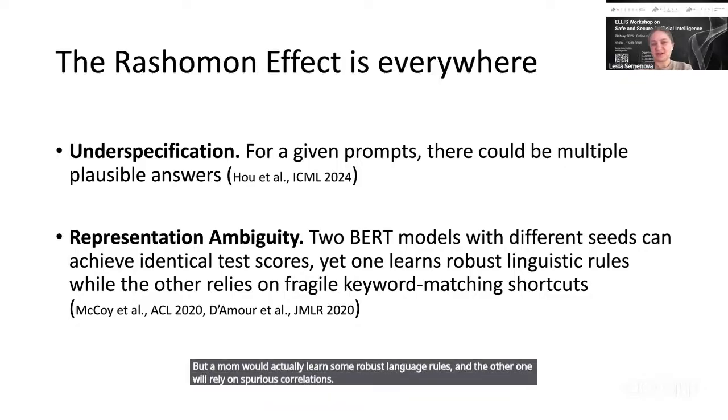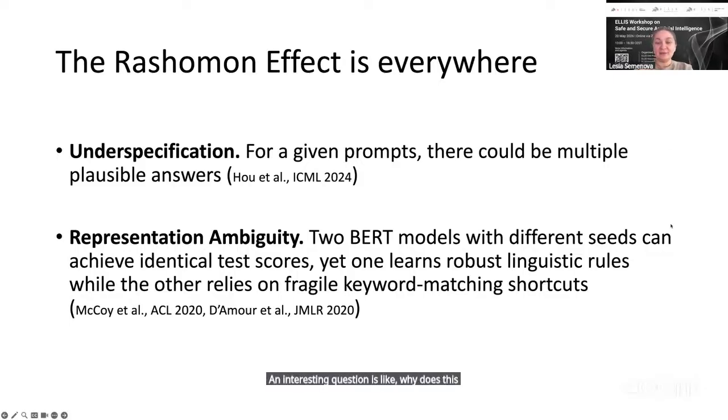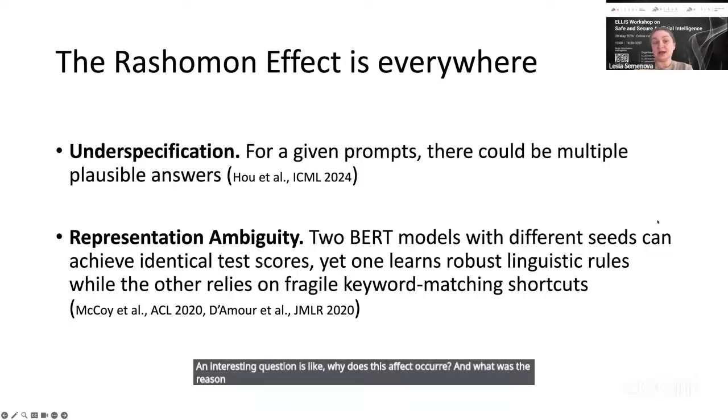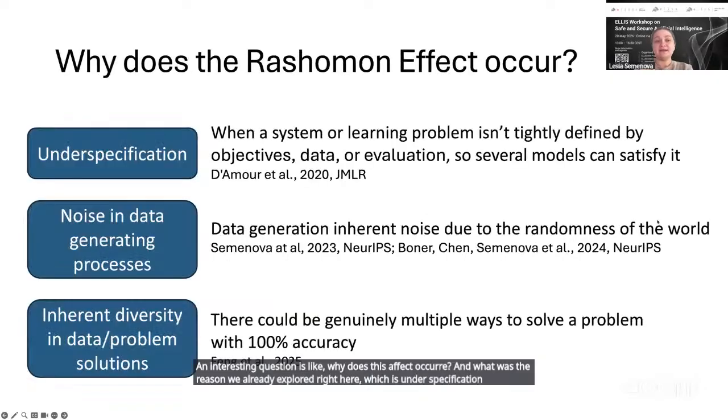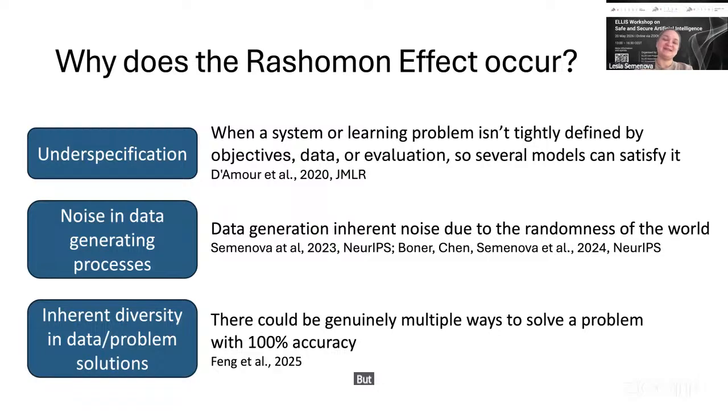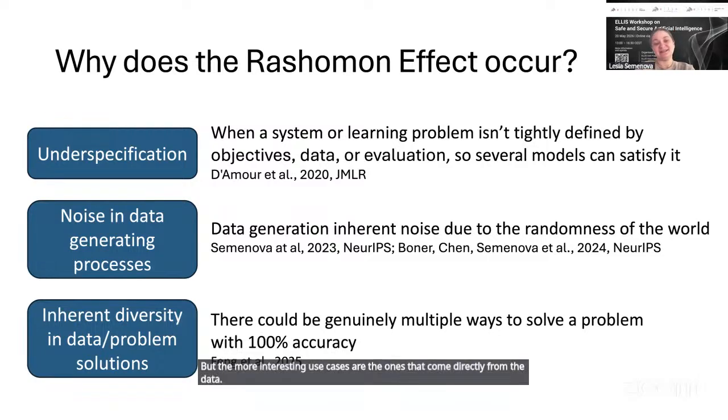Then the interesting question is, why does this effect occur? And one reason we already explored right here, which is underspecification. Maybe I didn't specify my problem enough. I chose the wrong hypothesis space, I didn't train enough, maybe I didn't design good constraints, so naturally there could be that model uncertainty. But the more interesting use cases are the ones that come directly from the data, especially human data, high-stakes decision data, because everything about us as humans is tied to randomness in the world.